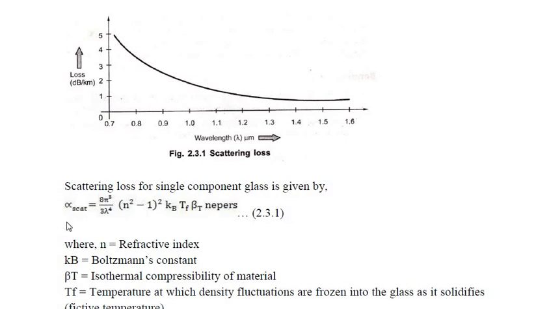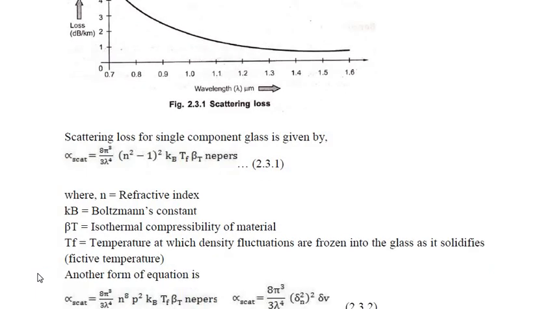So alpha scat is equal to 8 pi raised to 3 upon 3 lambda raised to 4 into (n square minus 1) the whole square kB T f beta T, with units of nepers. Here n is refractive index, kB is Boltzmann's constant, beta T is isothermal compressibility of material, and Tf is the temperature at which density fluctuations are frozen into the glass as it solidifies.